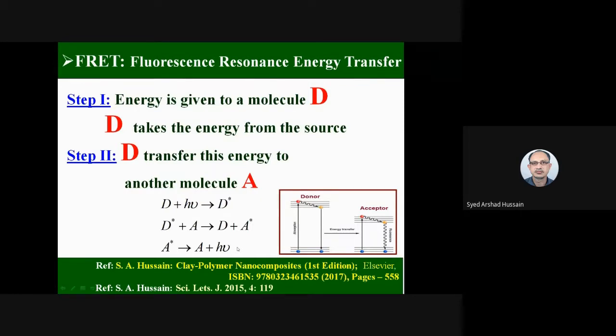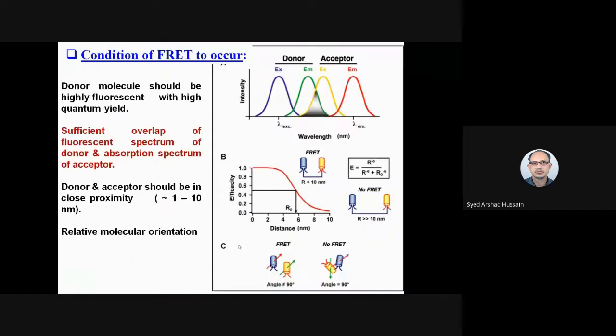So this is a non-radiative excited state energy transfer, mainly due to long-range dipole-dipole interactions of your donor and acceptor. There are several factors for this energy transfer to occur. Mainly, your donor molecule should be highly fluorescent with very high quantum yield. Your donor and acceptor should come very close, 1 to 10 nanometers.